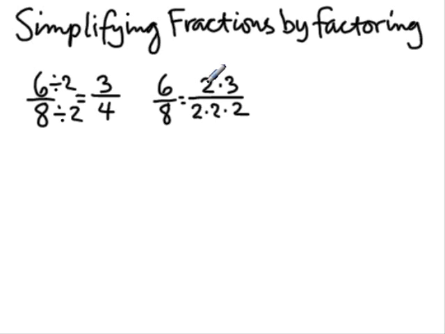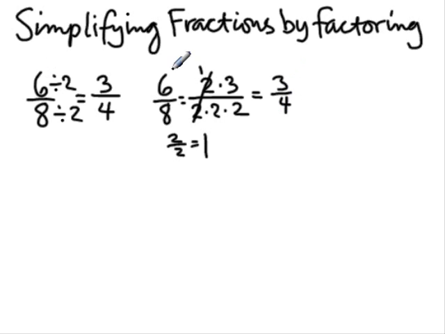Here we have a 2 in the numerator and a 2 in the denominator, and we know that 2 over 2 will equal 1. And so those factors create 1. And so on top we're left with 1 times 3, and on the bottom we're left with 1 times 2 times 2, which means that we have 3/4.